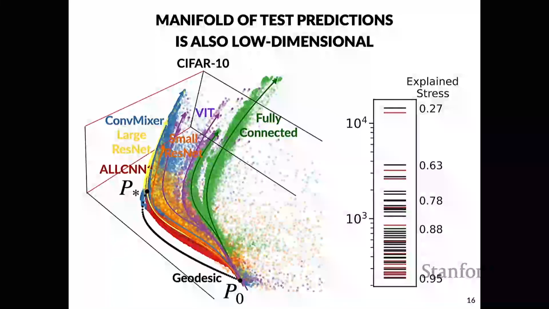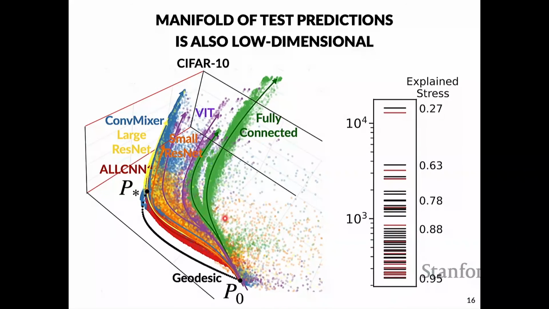OK, this is how the test manifold looks. The manifold has basically the same shape, but then there are larger differences in trajectories of different architectures. Okay? In this case, you can actually see the truth. In the previous plot, you couldn't see the truth on the same 3D plot. Here, this is the truth. And if you think a little bit about what is happening, all these networks should be close to the test truth, right?